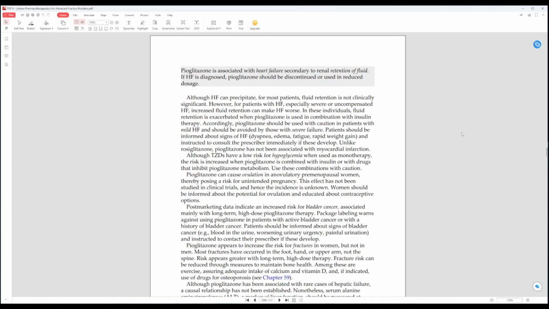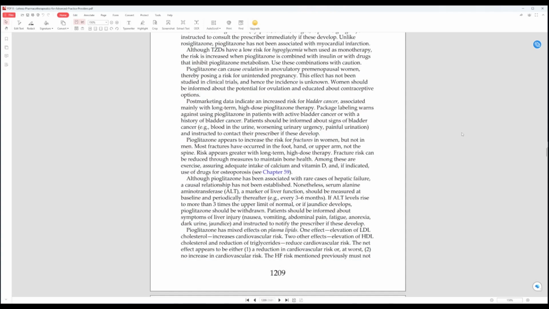Unlike rosiglitazone, pioglitazone has not been associated with MIs. Although TZDs have a low risk for hypoglycemia when used as monotherapy, the risk is increased when pioglitazone is combined with insulin or with drugs that inhibit pioglitazone metabolism. Use these combinations with severe caution.